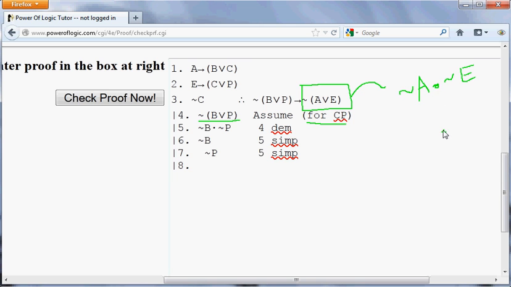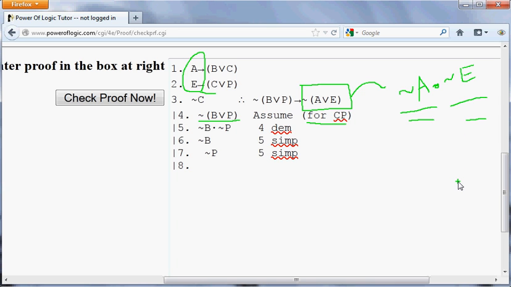Okay, so if I could get not A by itself and not E by itself, that would be very helpful here. And I see here that A and E are both the antecedents of 1 and 2, so that should make me think of trying to use a modus tollens with line 1 and another modus tollens with line 2 to get not A and to get not E.